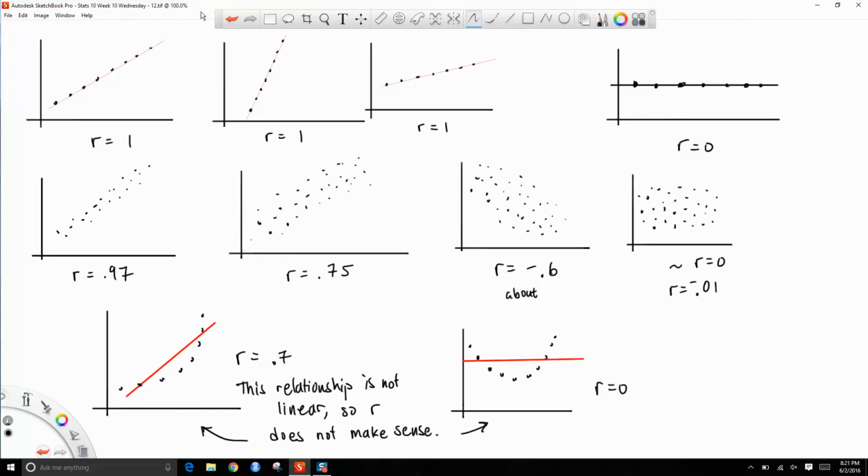Okay, so let's talk about calculating R. And for this, I will make up a silly data set, but I think it's illustrative of what we need to do. We're going to look at a few different dwellings. X will be the number of bedrooms in said apartment or house, and Y will be the number of closets.